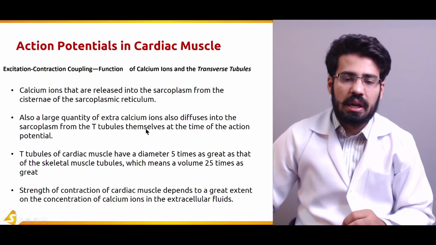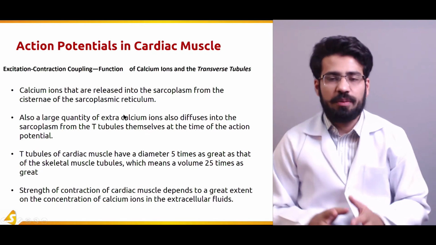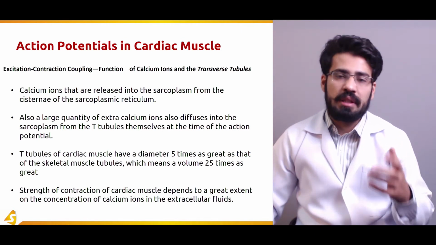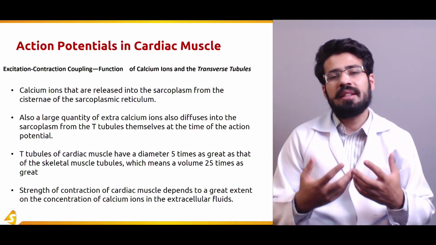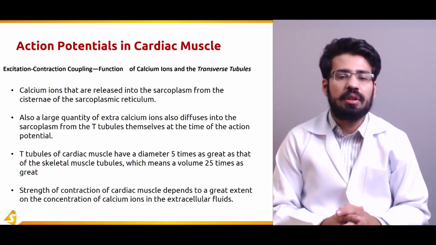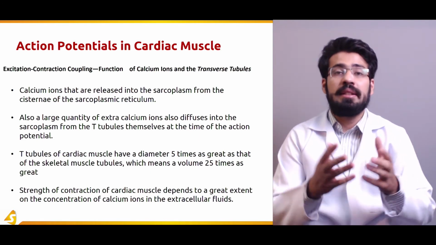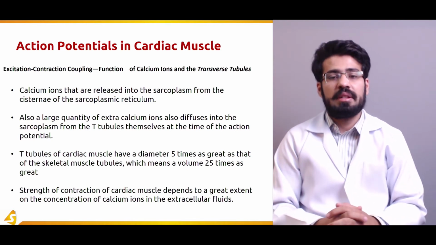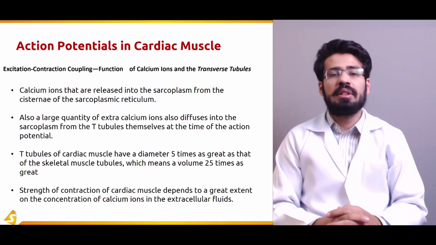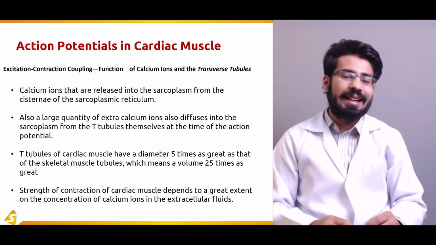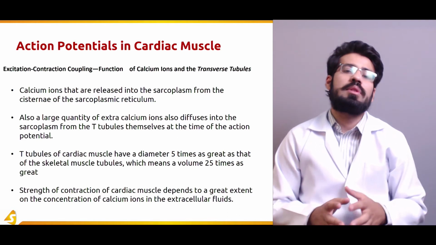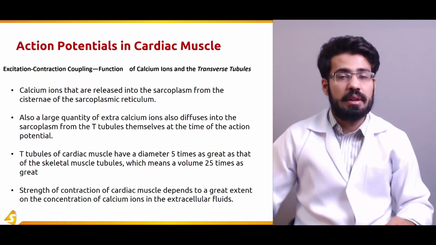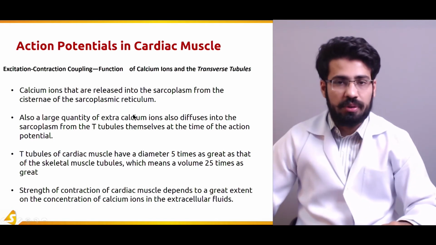Now, in the case of the sarcoplasmic reticulum and the T tubules of the cardiac muscles, in the previous slide we discussed the excitation-contraction coupling function of the calcium ions in the skeletal muscles. In this particular slide, I'm going to discuss the differences and how the calcium ions and the whole process slightly differ in the cardiac muscles, which ultimately results in the increased contraction, as seen by the plateau phase in the action potential slide previously.